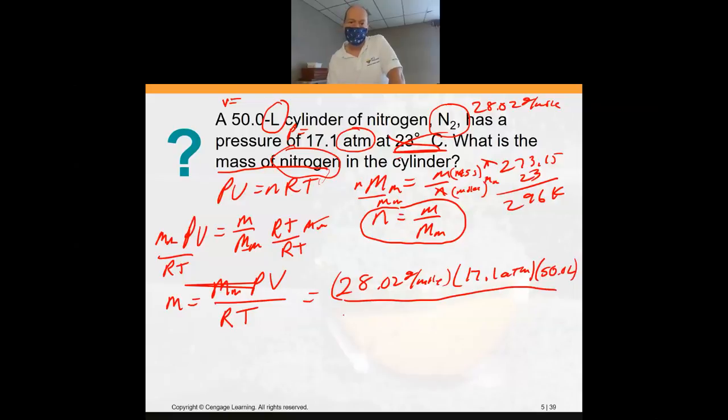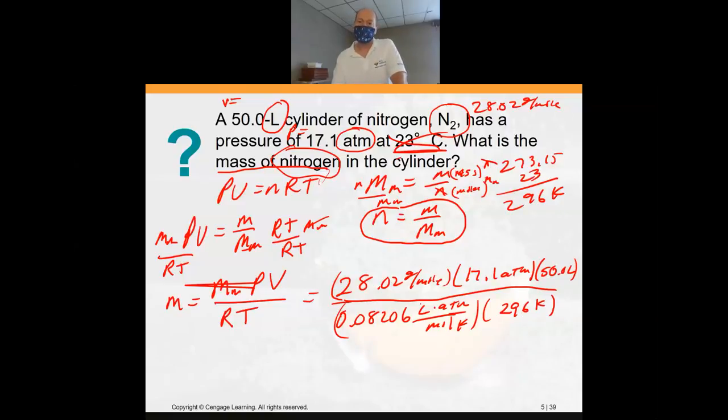Then you divide that by R. That's going to be given on the test. That is 0.08206 liters times atmospheres per mole Kelvin. And then your temperature, that you immediately took your Celsius and converted to Kelvin. So you would not put in 23, you'd put in 296 Kelvin.